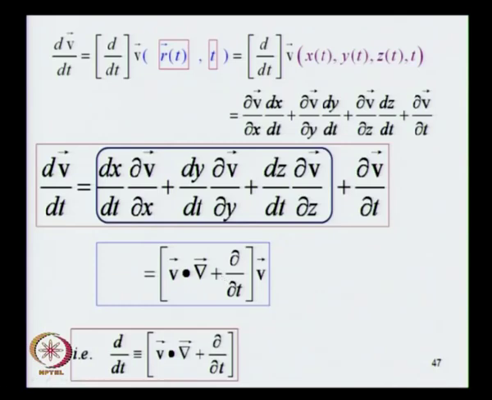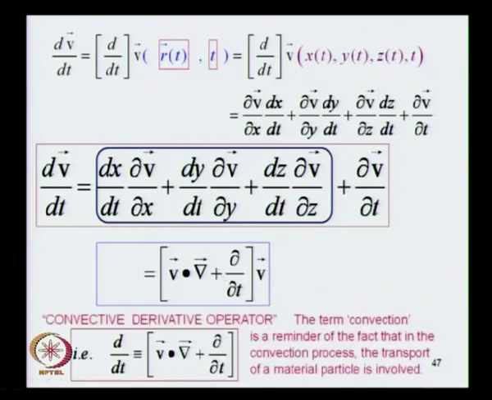So, this is known as the convective derivative. The reason it is called the convective derivative, the term convection will remind us that there is a certain flow which is involved. In convection currents, heat is conveyed physically by the transport of the gas molecules or the liquid molecules.